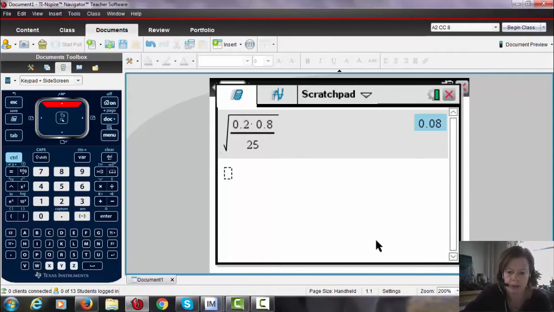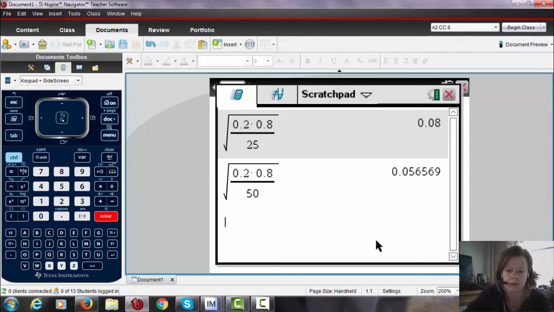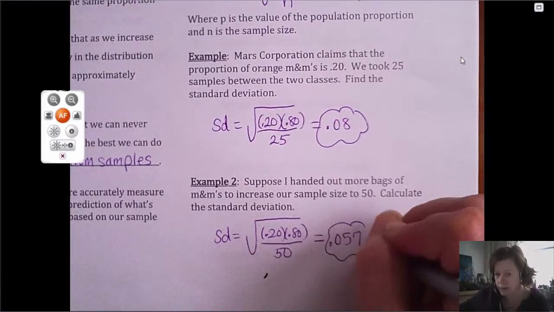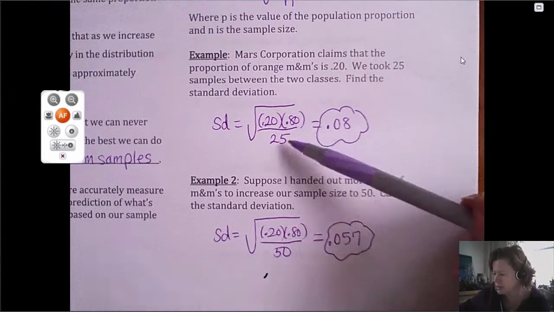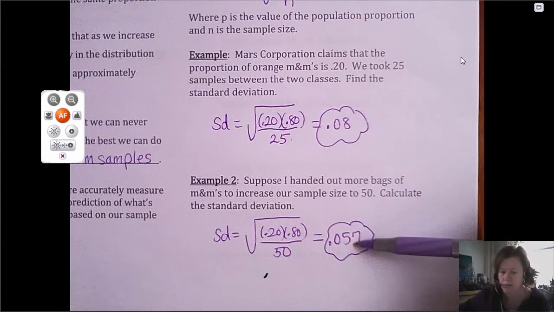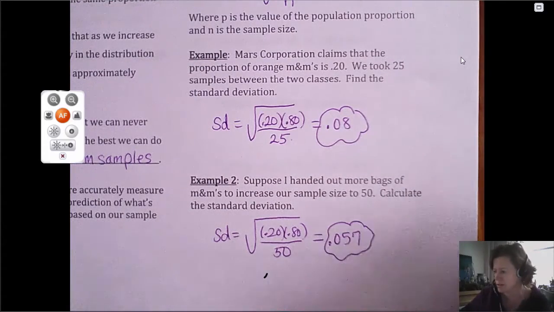This is a super quick calculator move if you remember about editing. And now our standard deviation is 0.057 or so. So you should notice once again that when I increase my sample size from 25 to 50 M&Ms, my standard deviation, which is a measure of variance, decreased.